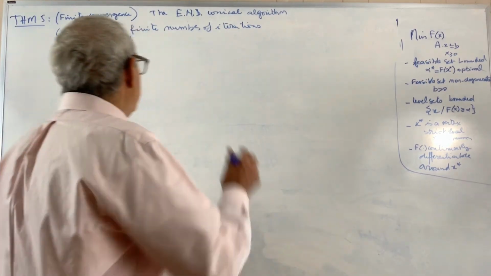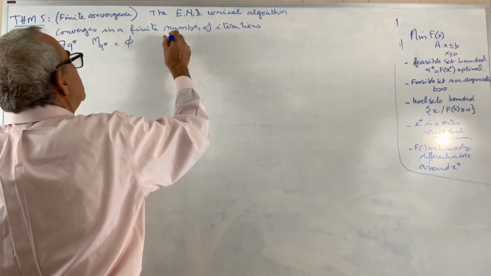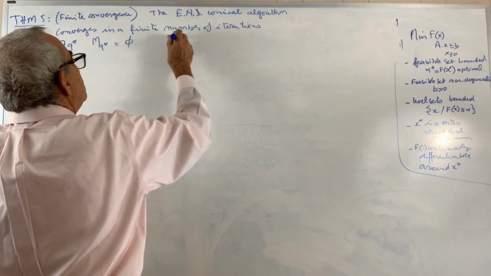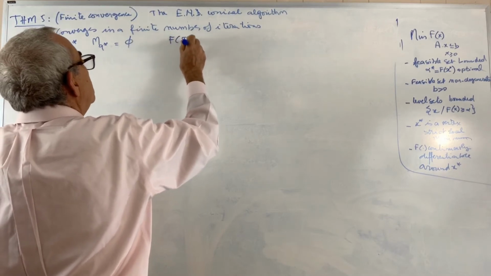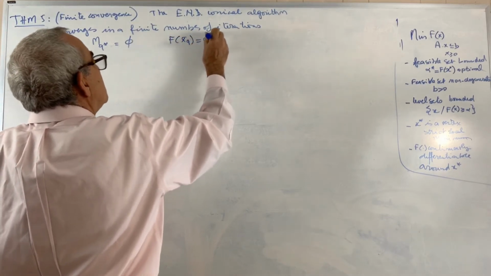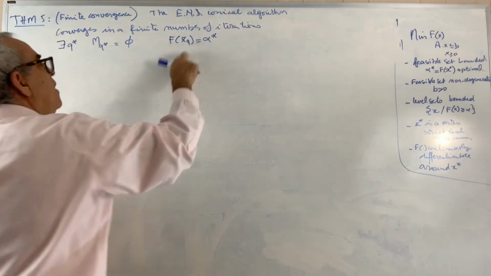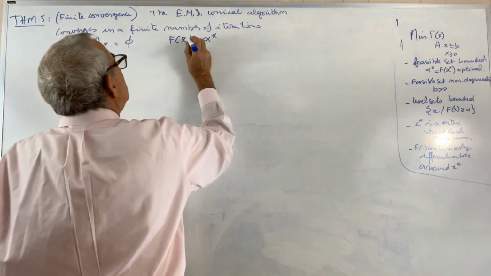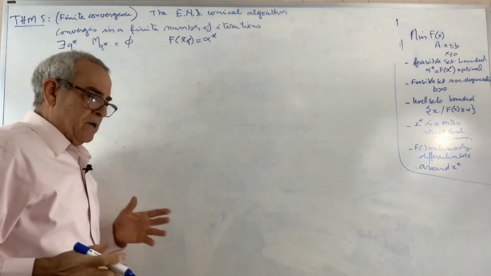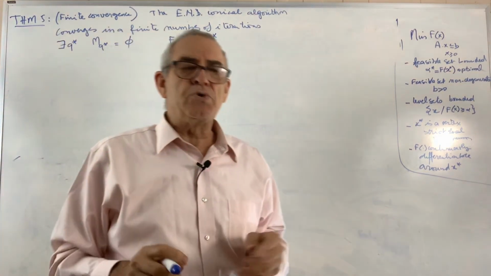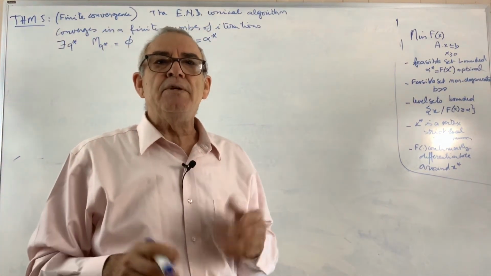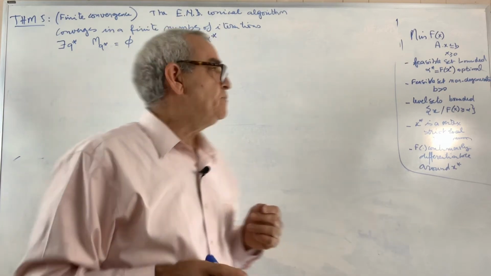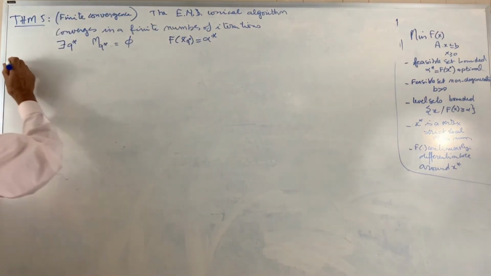So, in other words, and this of course implies that f of x bar Q is equal to alpha star, the optimal solution. So the x bar that we have, the best solution at hand at iteration Q star, that is the optimal answer to this problem.